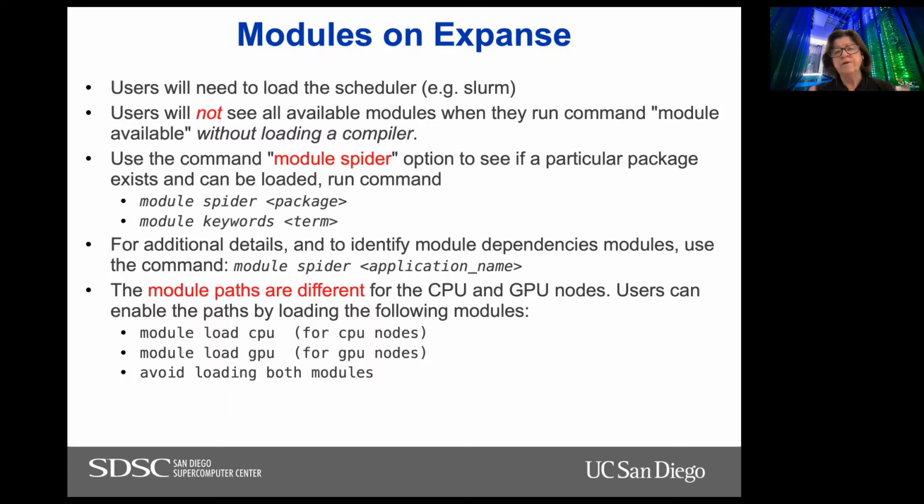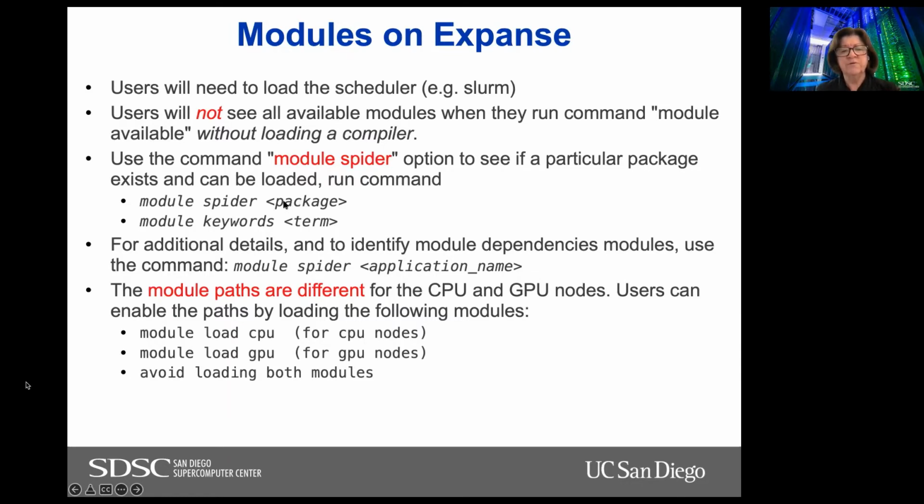So you build on a system of information, but you have to know how to build on that system of information. The way you do that is you can use something called the spider tool, and it will go look and show you what's available given the environment that you've got. You can look with keywords or just a package name that you might be looking for. Am I using Amber? Do I want to use an Intel compiler or a GNU compiler?